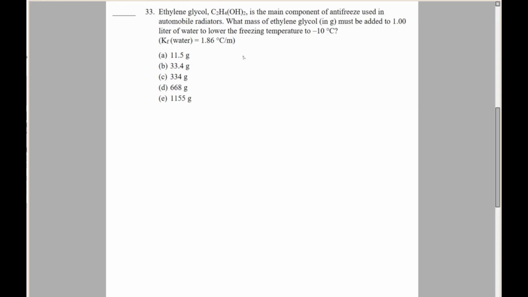Okay, so we have this equation that's in our equation sheet, where the delta Tf just means the change in the freezing temperature. Kf, we are given that, and then m, or little m, refers to molality, not molarity.